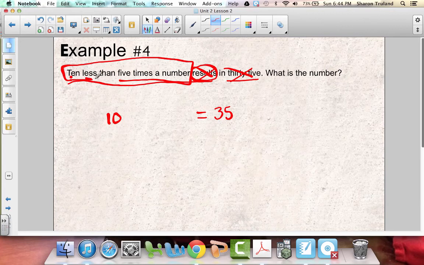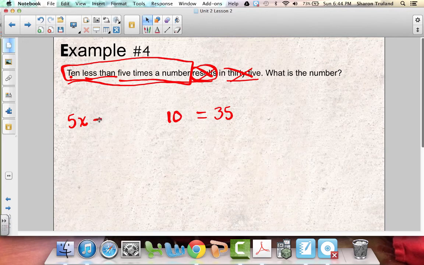Ooh, there's that tricky less than. That means we're actually taking 10 away from something. We're 10 less than that. Right? If I have $10 less than you, you've got more money than me. So I would take you and subtract 10 from you.